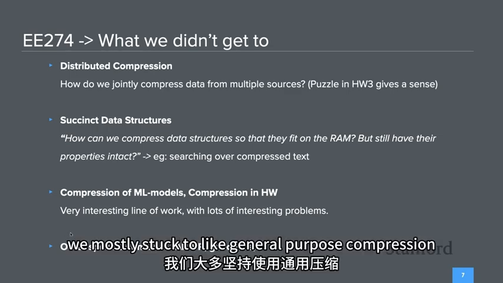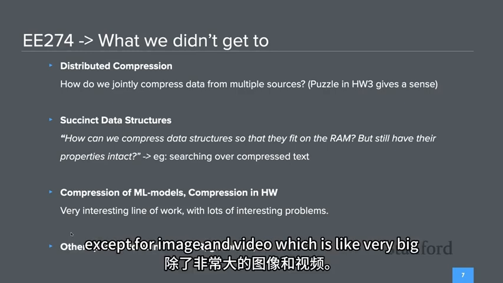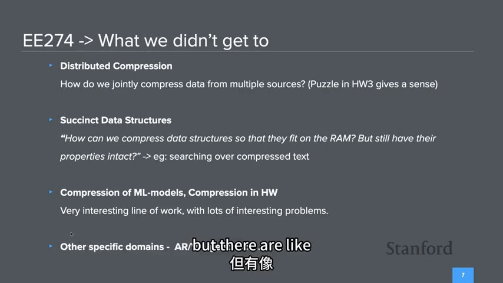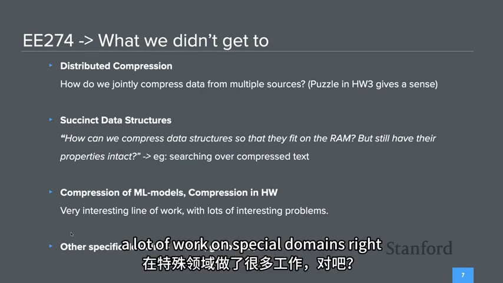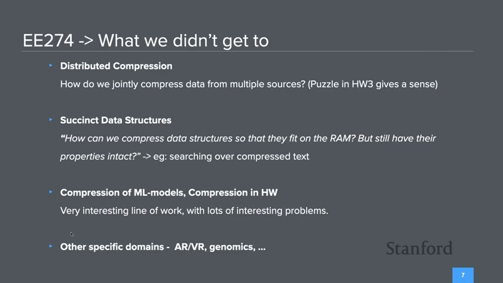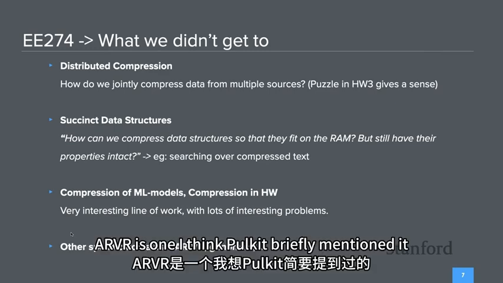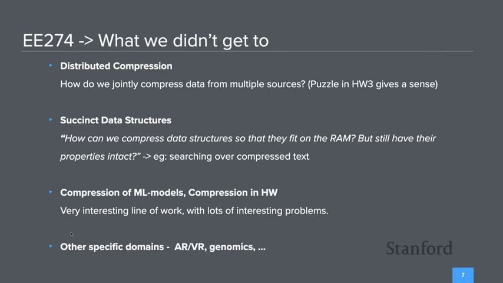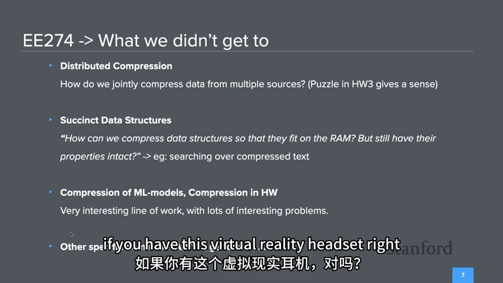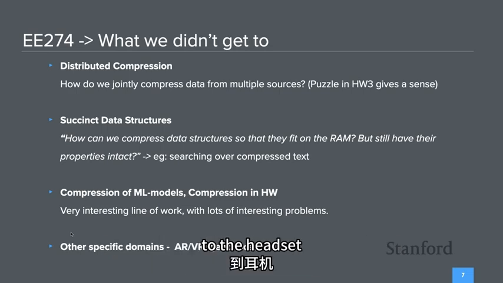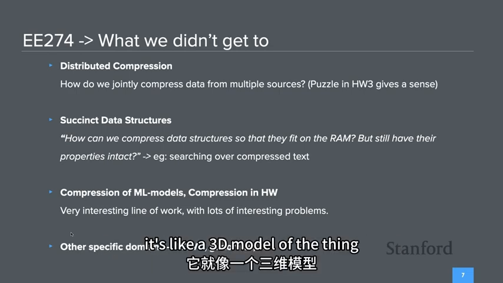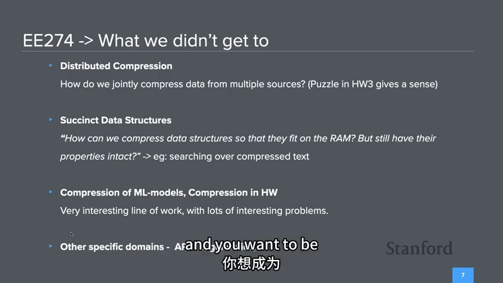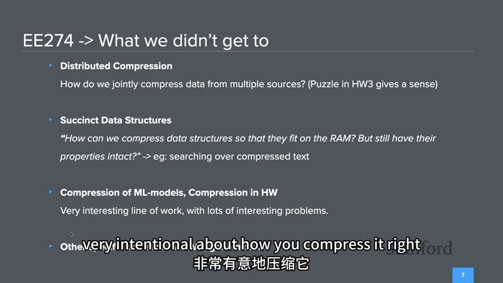And then we mostly stuck to general purpose compression, except for image and video, which is very big. But there is a lot of work on special domains, right? So AR, VR is one. I think Pulkit briefly mentioned it, where if you have this virtual reality headset, you are transmitting huge amounts of data to the headset. It's a 3D model of the thing, and you want to be very intentional about how you compress it, right?